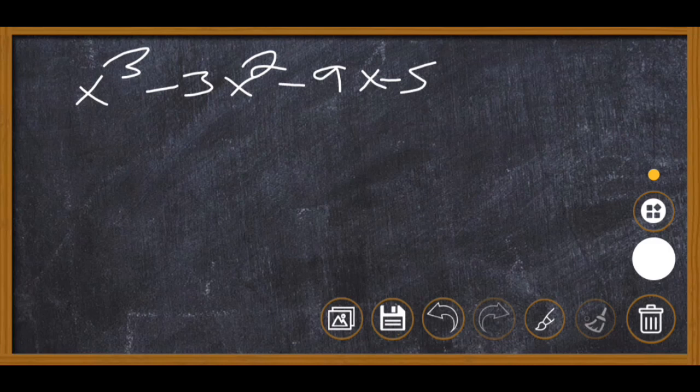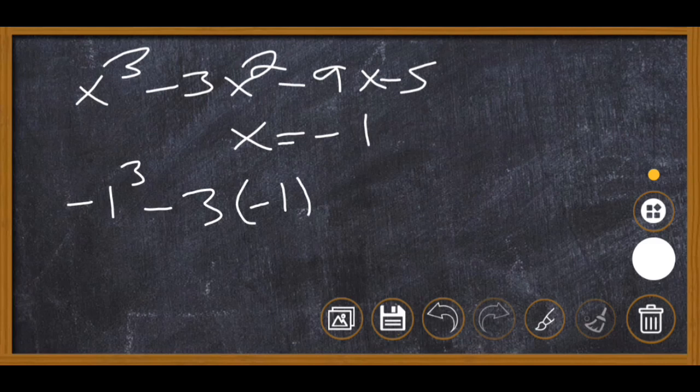So in this case, go ahead and try using the trial method for you to find the divisor. So let's say x equals -1. Let's try that. If we replace where there is x with -1, it's going to be this.